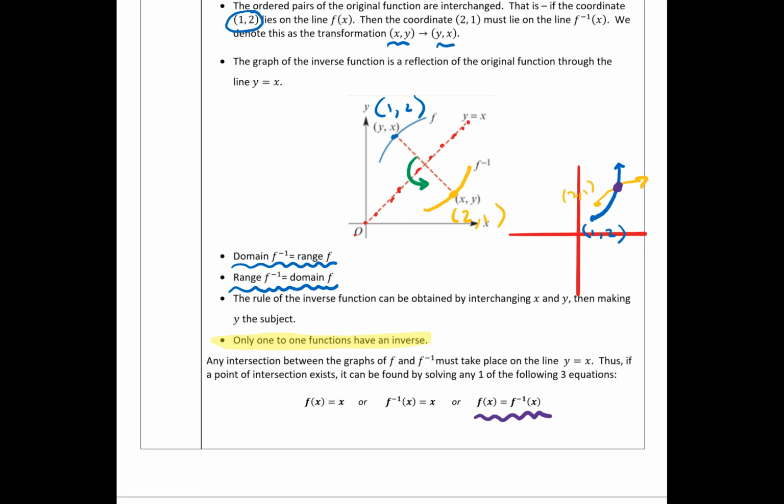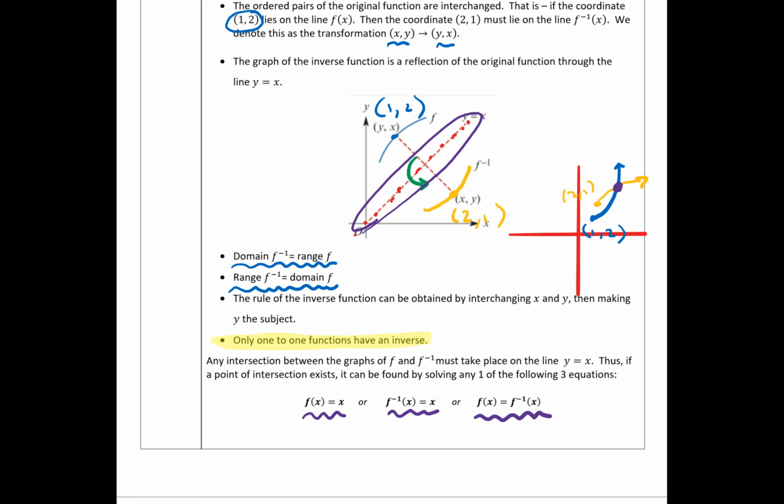And quite usefully with inverse functions, because it's a reflection along the line y equals x here, I can also find the point of intersection by letting the first graph equal x and then solving, or letting the second graph, the inverse, equal x and then solving. So there's a couple of ways I can go about doing that.